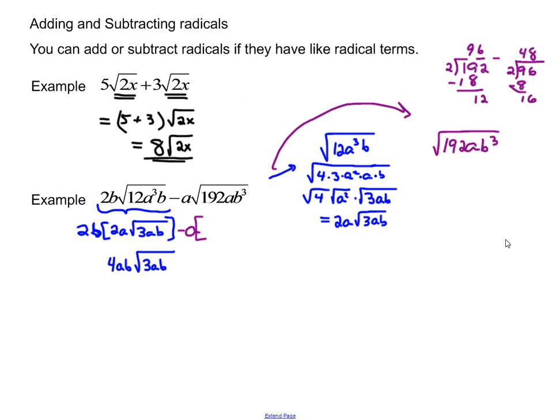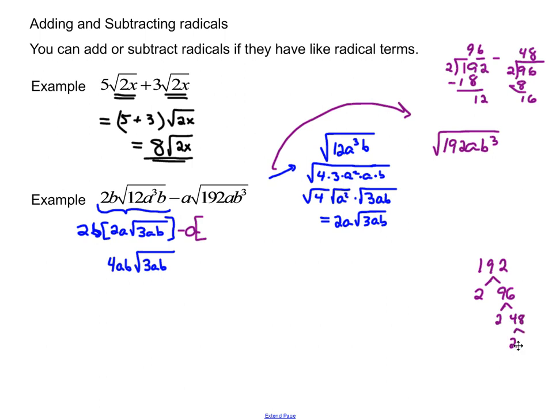Let's see, if we work out a little factor tree, what have we got so far? We've got 192 is the same thing as 2 times 96, which is the same thing as 2 times 48. This one's a little bit more easily seen, right?